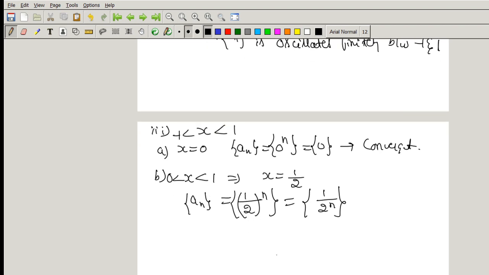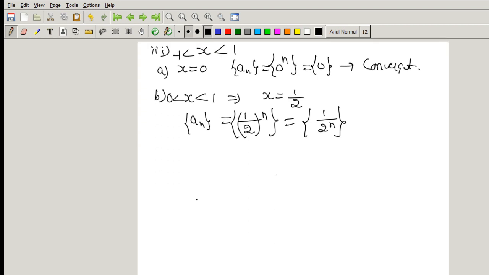Therefore, the limit of a_n as n tends to infinity is the limit of 1 by 2 power n as n tends to infinity, which is 0. The behavior is the same for 1 by 2, 1 by 3; every term that lies between 0 and 1 behaves like 1 by 2.